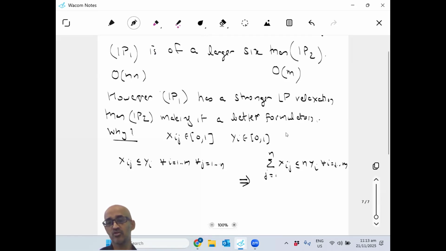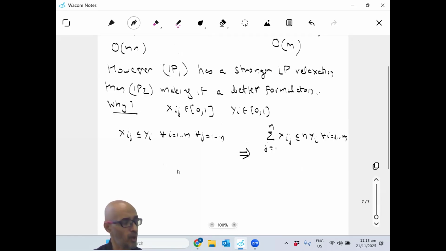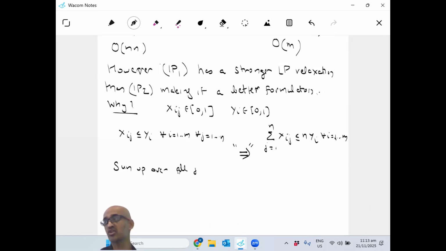Why is this implication satisfied? This is straightforward. If I give you an x and y which satisfy these constraints, this constraint has to be satisfied. Just sum this up over all j.